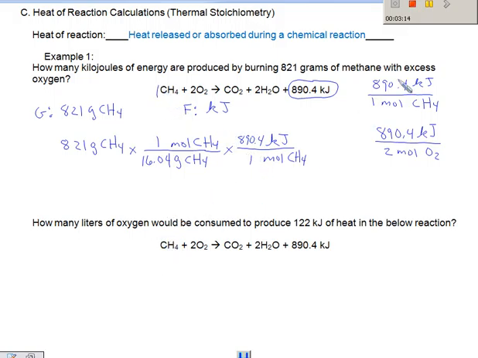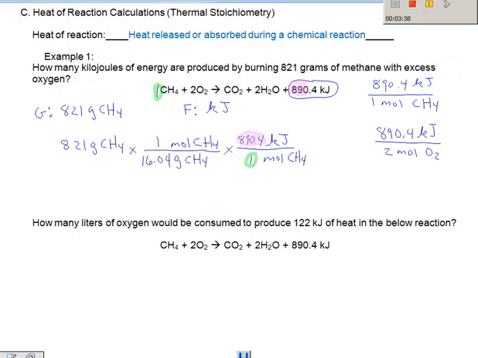Let's highlight this so that you can track what it is that I am talking about. Let's use a nice pink there. All right. So we took the 890.4, 890.4. Let's use a nice bright green. Okay, we had 1 mole, 1 mole. So we just go back to the balanced chemical equation.